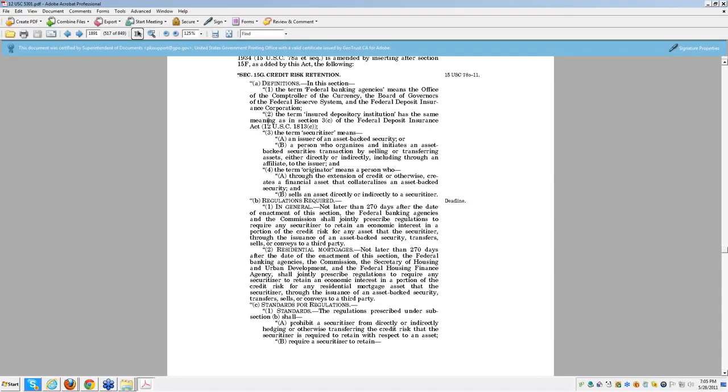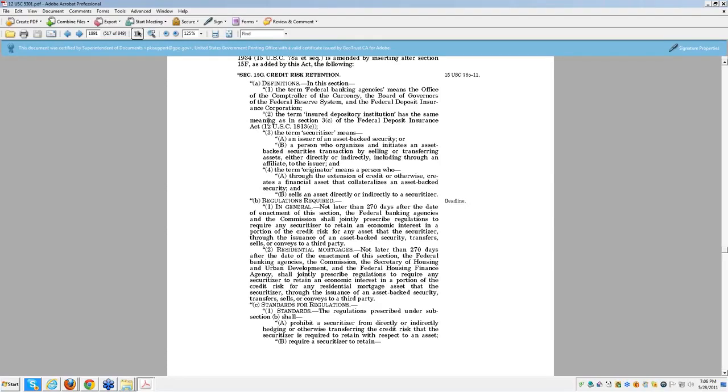And then big subsection B, regulations required. Not later than 270 days after the date of enactment of this section, the federal banking agencies and the Commission shall jointly prescribe regulations to require any securitizer to retain an economic interest in a portion of the credit risk for any asset that the securitizer, through the issuance of an asset-backed security, transfers, sells, or conveys to a third party.